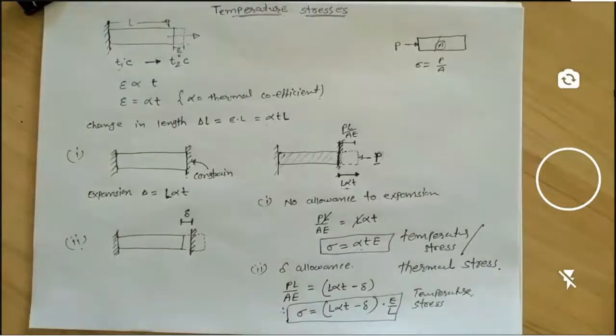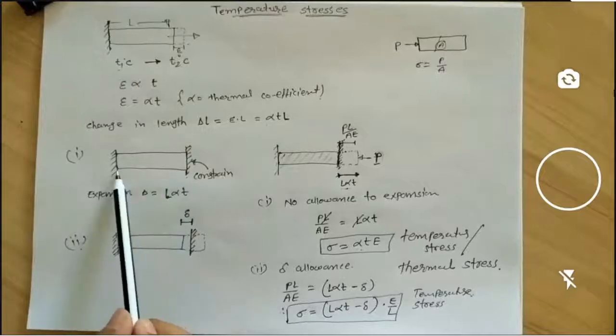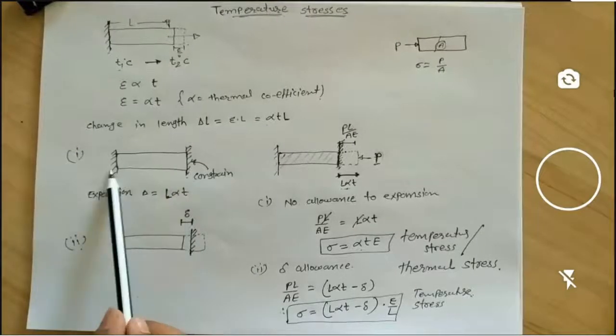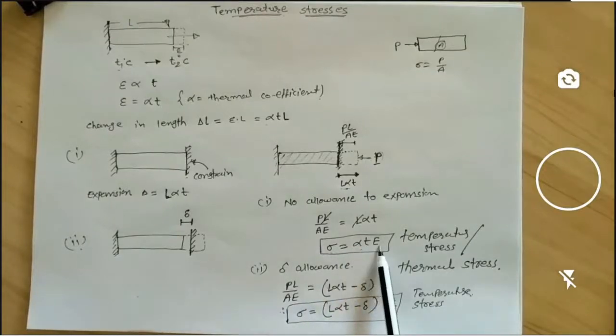Okay. So in that way, if there is no allowance, our element is fixed between these two supports or two fixed surfaces. According to the total expansion, stress is generated, and that is given by alpha T E. Alpha is the thermal expansion coefficient, E is the Young modulus, and T is the change in temperature.